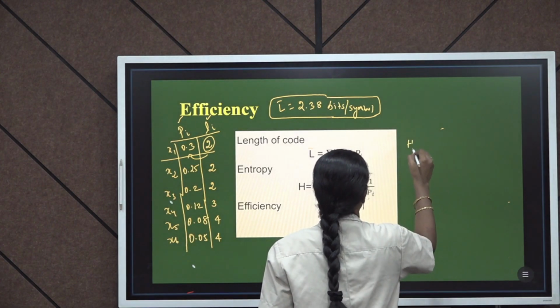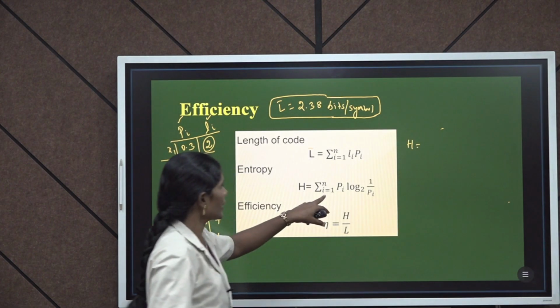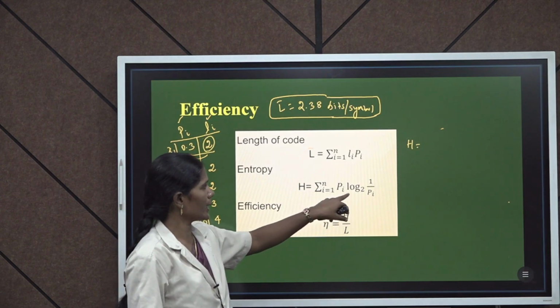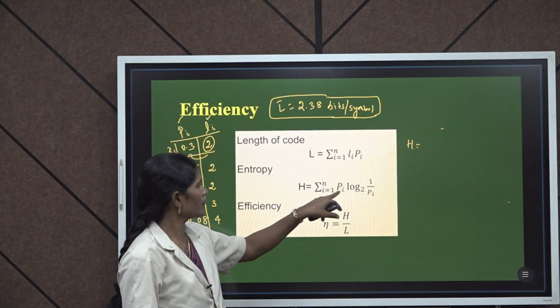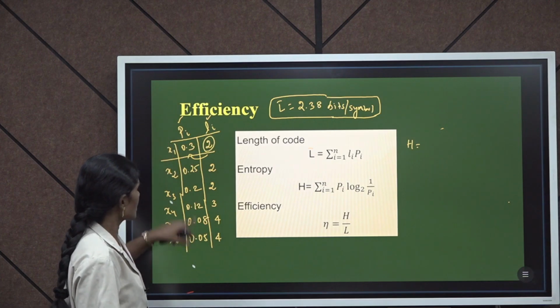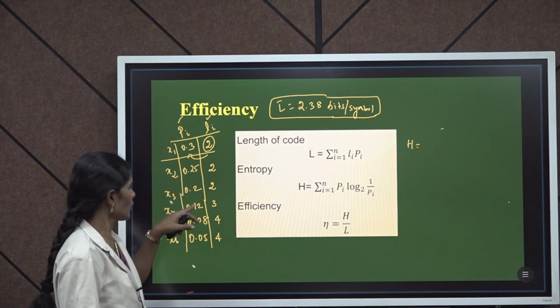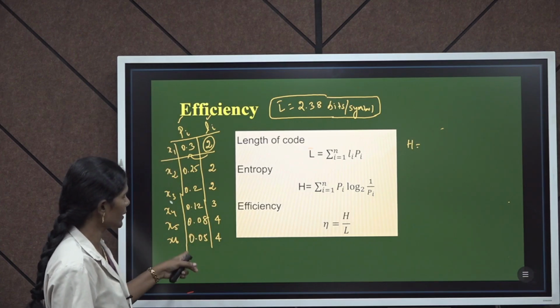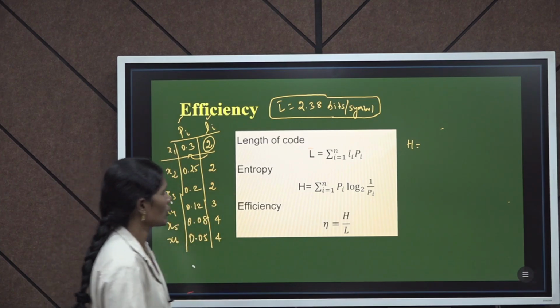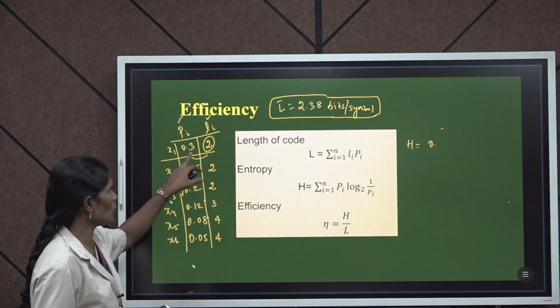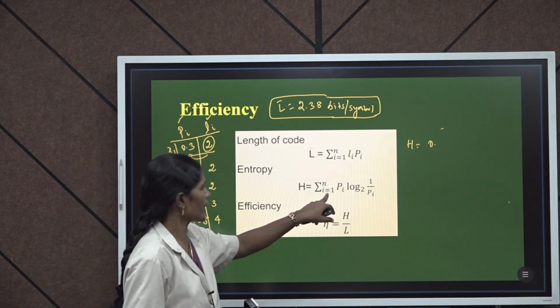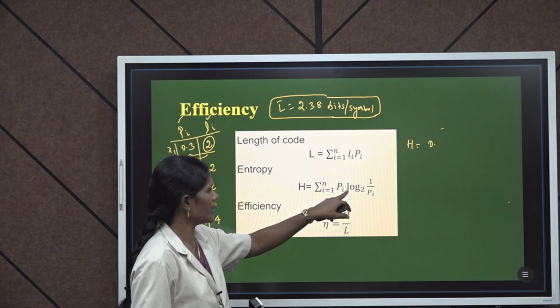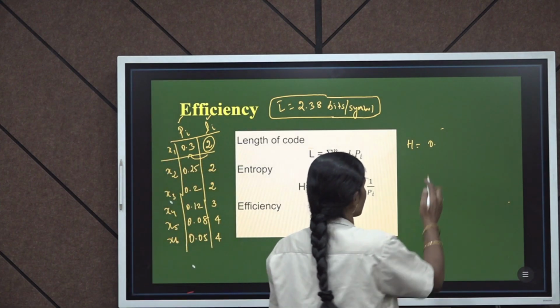So the entropy H equals the summation of i equal to 1 to n of Pi log 2 of 1 by Pi. Here Pi is these columns, 0.3, 0.25, 0.2, 0.12, 0.08 and 0.05. So with the help of the probability values itself we can find the entropy. The first probability is 0.3. So for i equal to 1 it is 0.3 log 2 of 1 by 0.3.